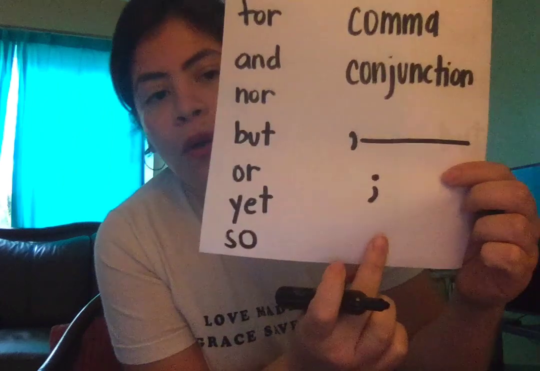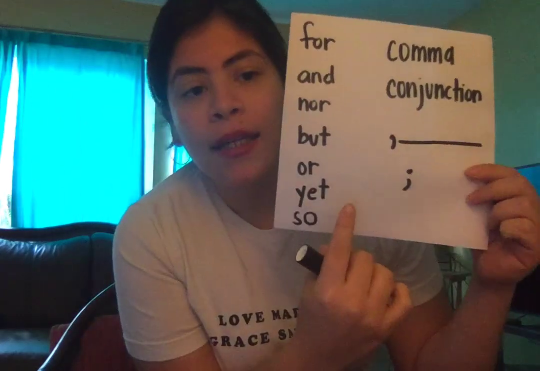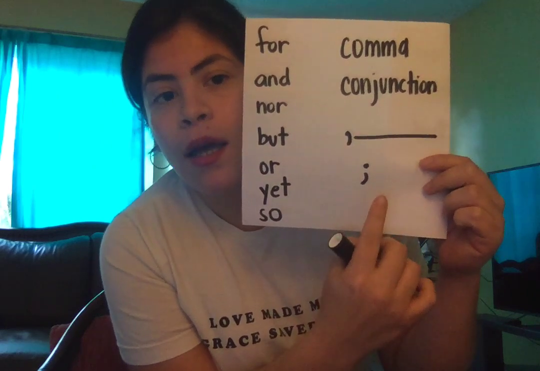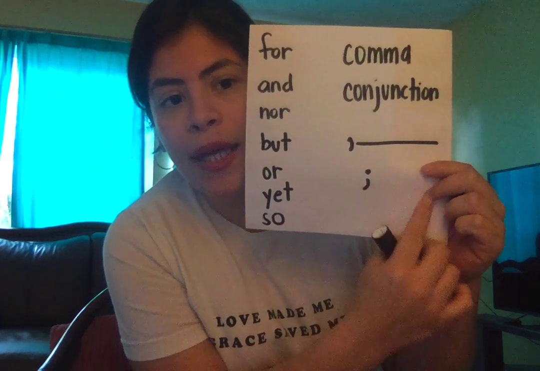Now, there are some compound sentences that do not require a conjunction. You can just put them together. So how you do that is with a semicolon, okay? And the semicolon looks like this. This is a semicolon. So I can say, I have to go to school; I am going later.